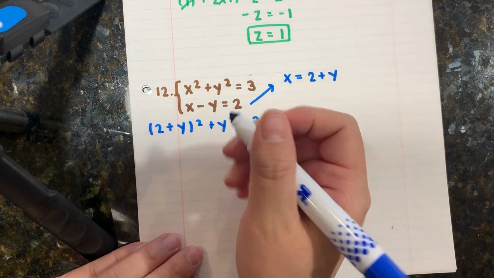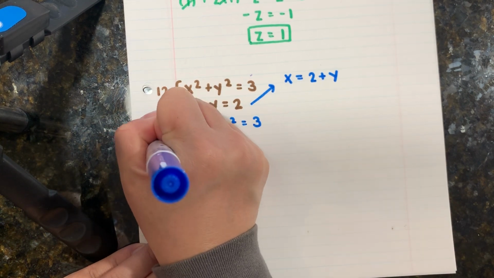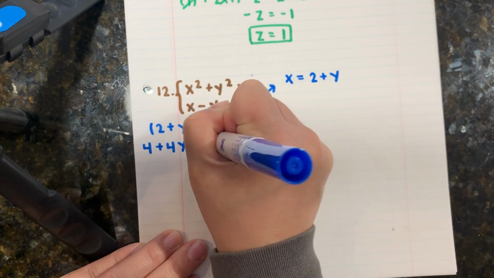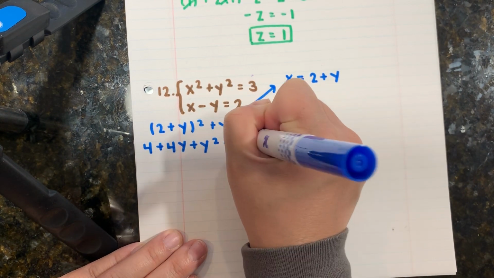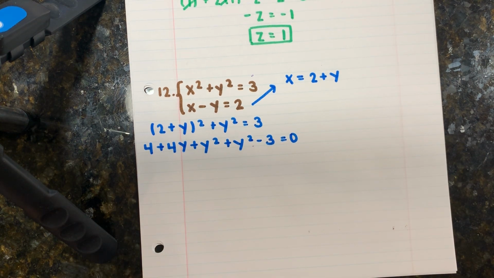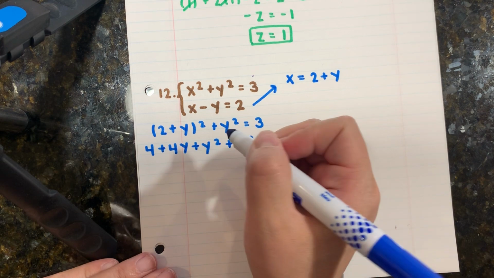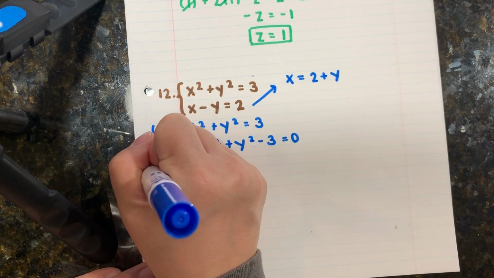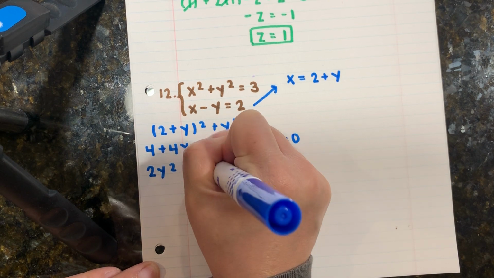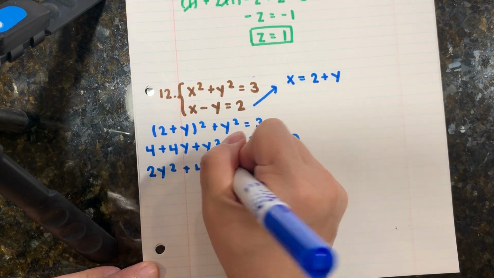Now I'm going to multiply this out, so this is going to become 4 plus 4y plus y squared minus 3 equals 0, because we want to set the equation equal to 0. When I add the y squareds together, I get 2y squared plus 4y, and then I have 4 minus 3, which would be 1.